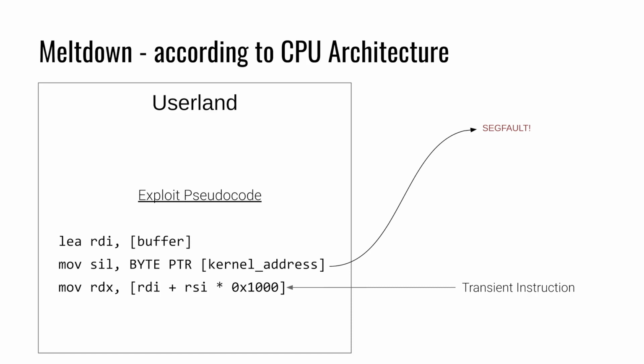And so we have a dependency chain here. Accessing the kernel address and getting the byte into SIL has to happen before this transient instruction. But what else would occur? Well, we have this arrow here to segfault. How does a segfault work?